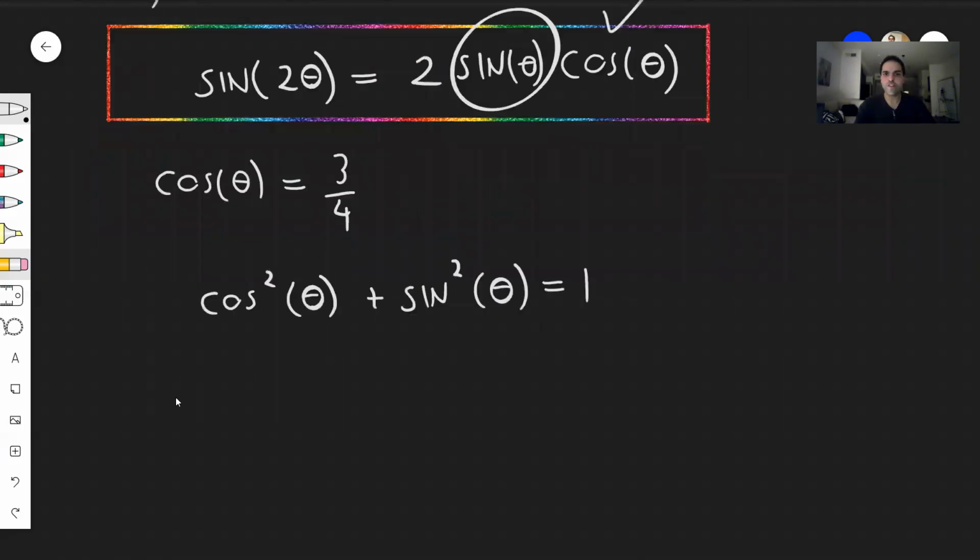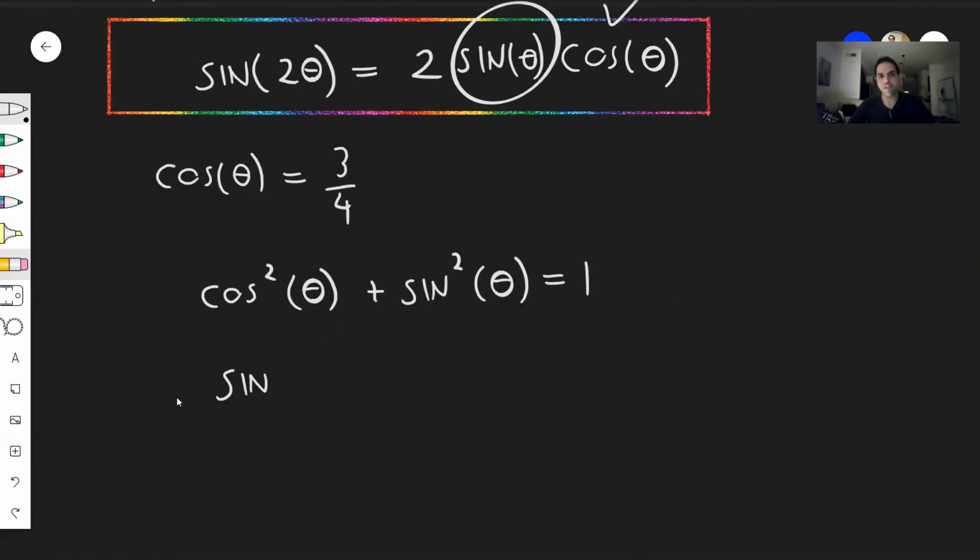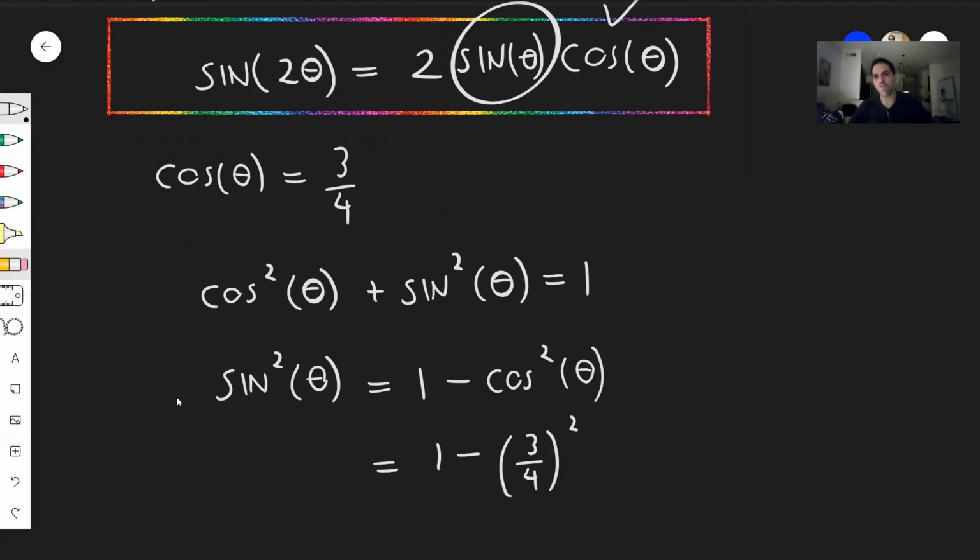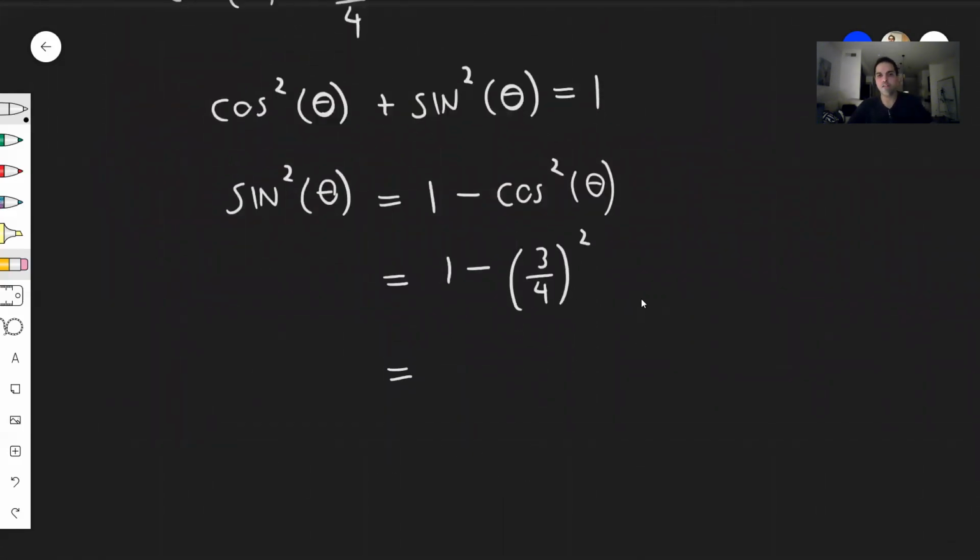So sine squared of theta equals 1 minus cosine squared of theta. That becomes 1 minus 3/4 squared, and that's 1 minus 9/16, and that simplifies to (16 minus 9)/16, which I believe becomes 7/16.